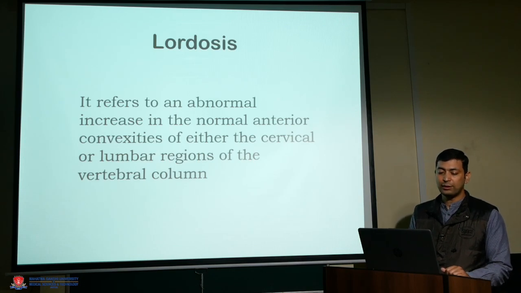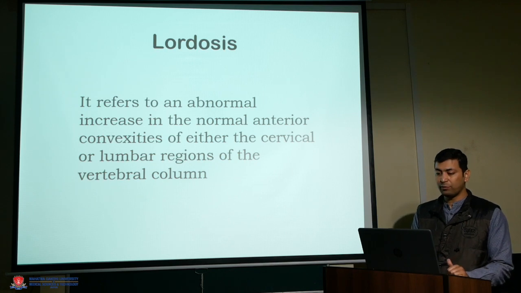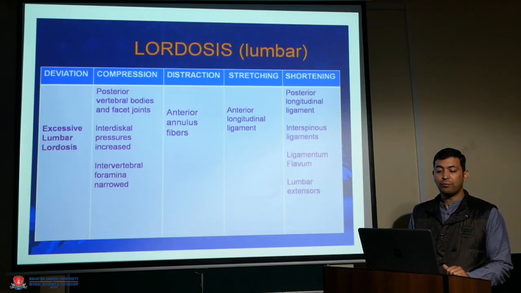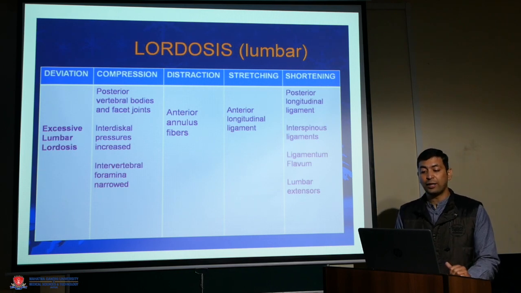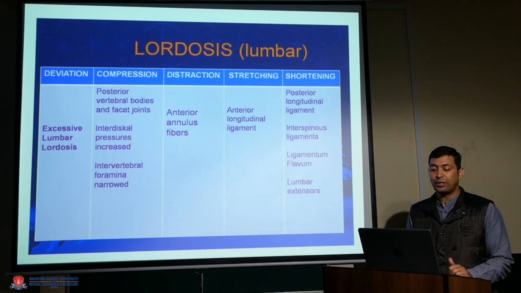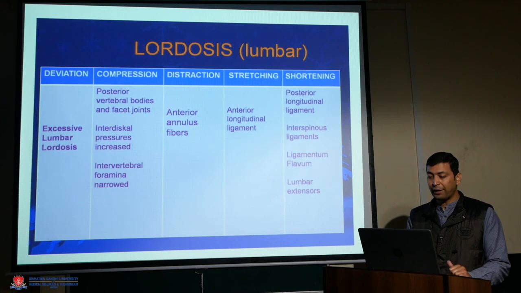Lordosis: you can see the lordosis. It refers to the abnormal increase in the normal anterior convexities of either the cervical or lumbar region of the vertebral column. In excessive lumbar lordosis, there is compression of the posterior vertebral bodies and facet joints, interdiscal pressure increases, intervertebral foramina narrow, and distraction occurs at the anterior annulus fibrosus, with stretching of the anterior longitudinal ligament and shortening of the posterior longitudinal ligament, interspinous ligament and lumbar extensors.